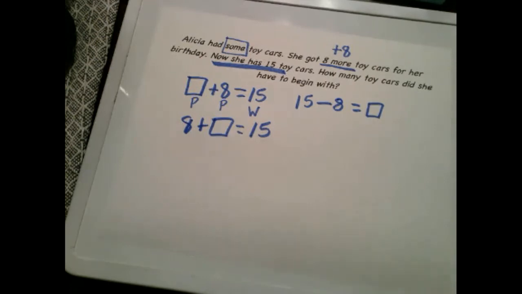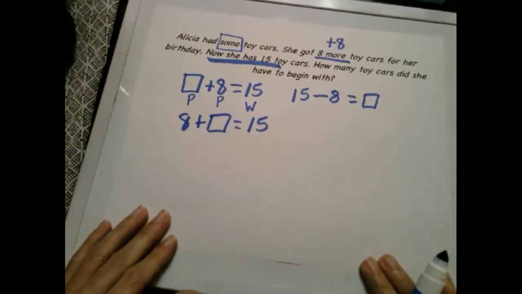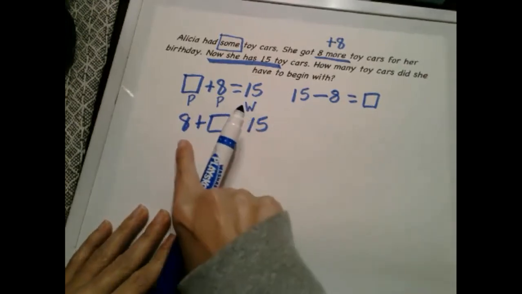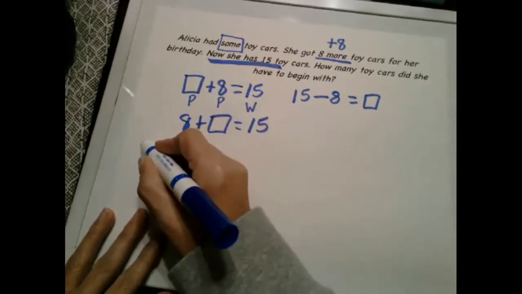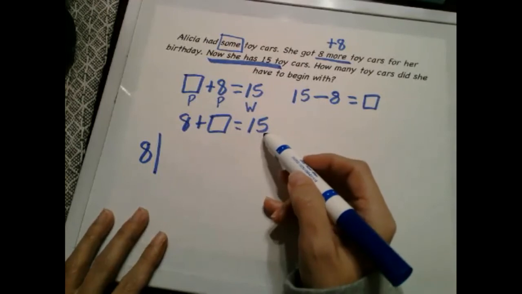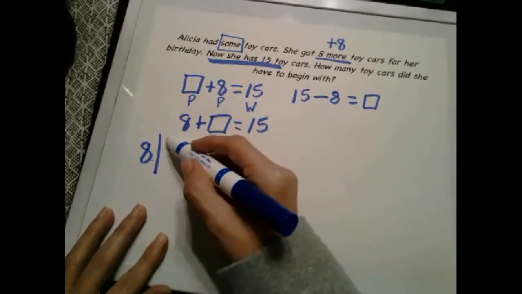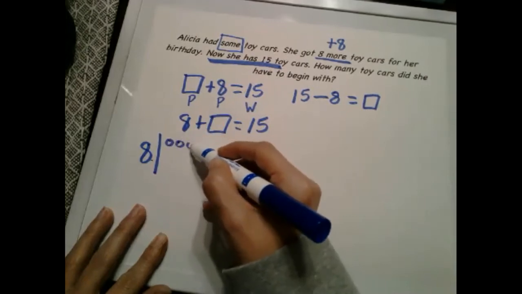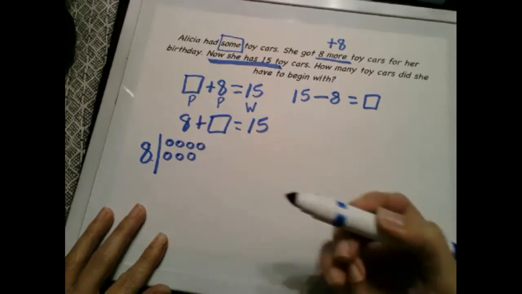Great job, mathematicians. I saw a lot of great thinking. I saw someone use this equation to help them solve. They started with 8, and they counted on until they were at 15. Let's do that together. 8, 9, 10, 11, 12, 13, 14, 15.